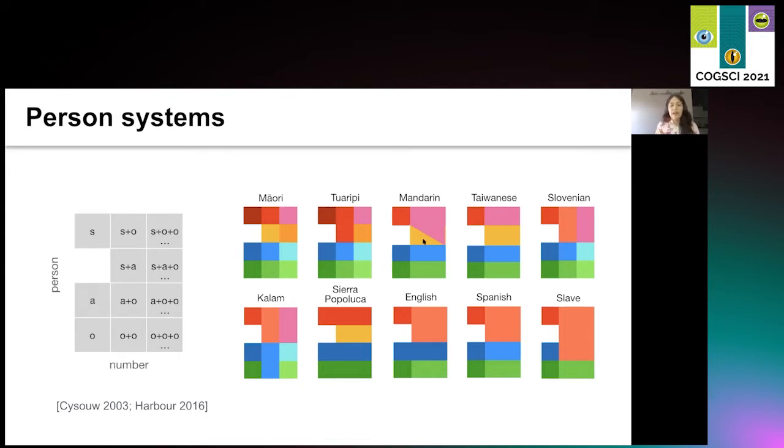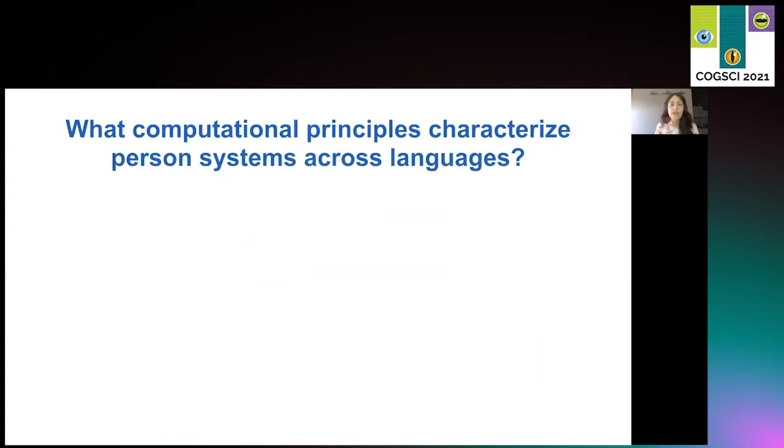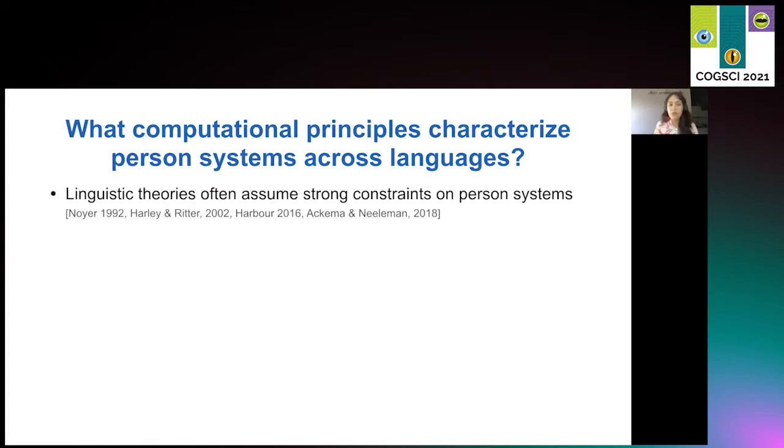Now, a natural question that arises when we are looking at this distribution is: what are the computational principles that characterize the typology of person systems across languages? That is, how can we explain the variability? These questions have been addressed mostly by linguistic theories of person, and most of these theories have explained the typological distribution of person systems by proposing strong grammatical constraints.